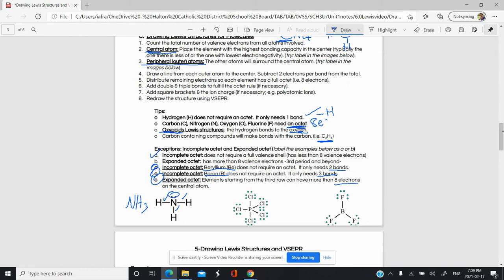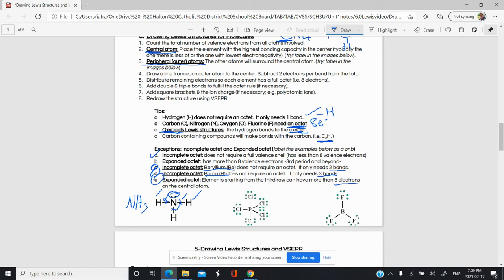The central atom follows the complete octet rule. It has 1, 2, 3, 4, 5, 6, 7, 8 valence electrons, 2 from essentially each line, and then 2 from the lone pair there. And the hydrogens are happy because they have their 2 from the bond.